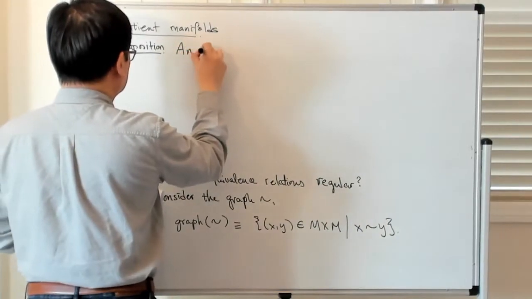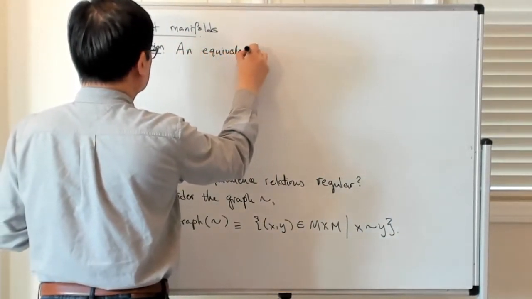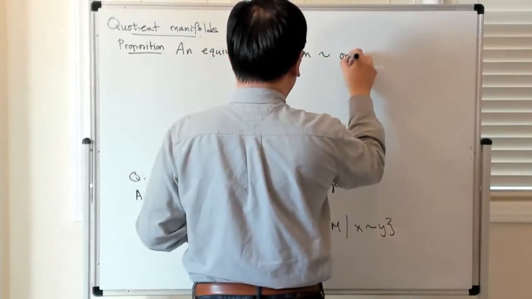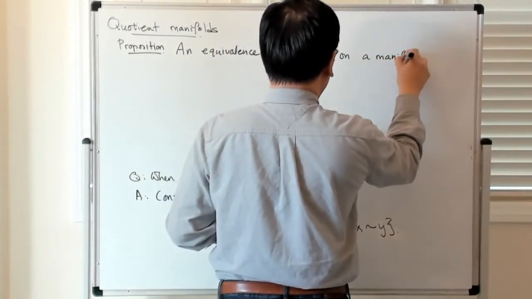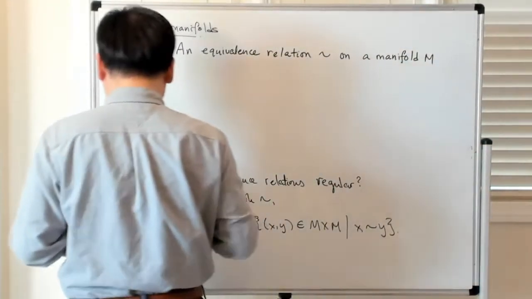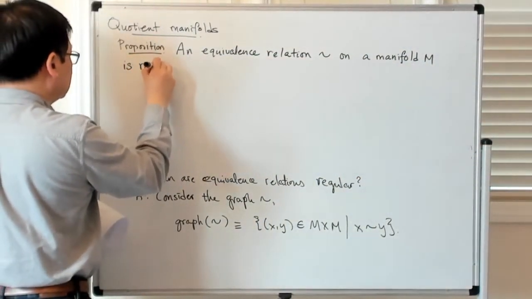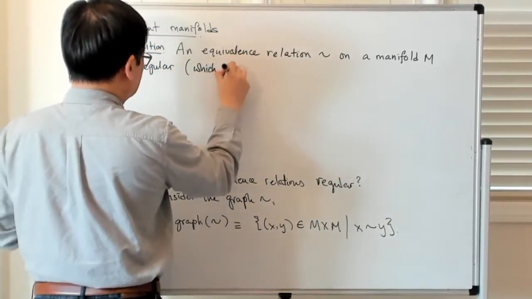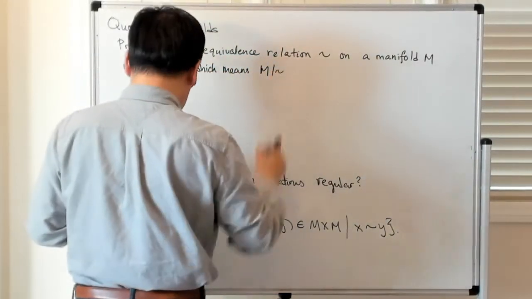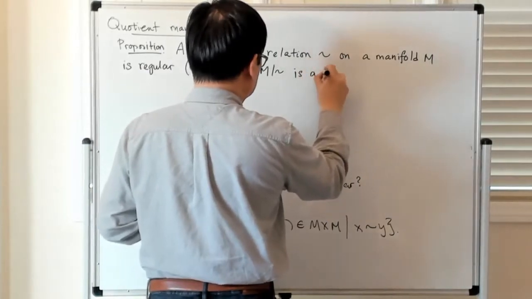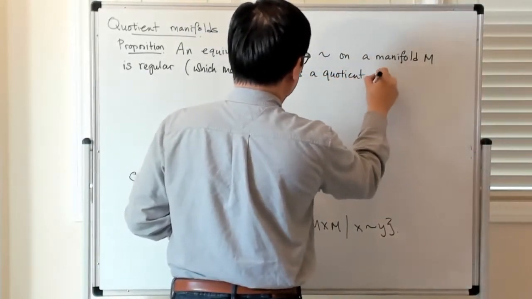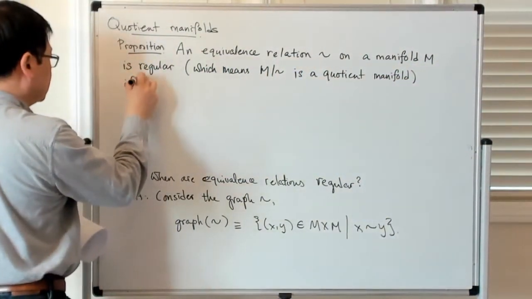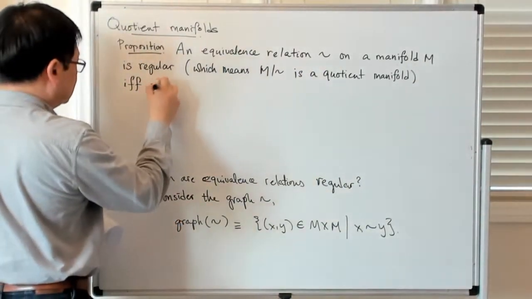Okay, so let me state a proposition. An equivalence relation tilde on a manifold M is regular, which means that M quotient tilde is a quotient manifold, if and only if the following conditions hold.